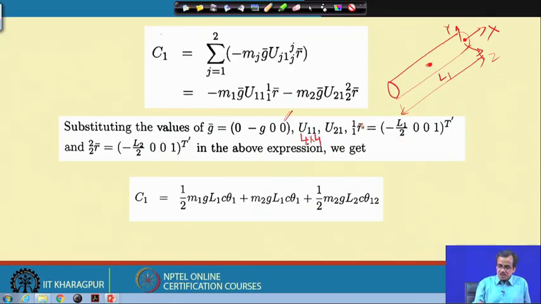So, here this r 1 with respect to 1 bar is nothing but the coordinate of the mass center, that is minus L 1 by 2, 0, 0, that is y is 0, z is 0 corresponding to this particular point, and just below the position vector we put 1.